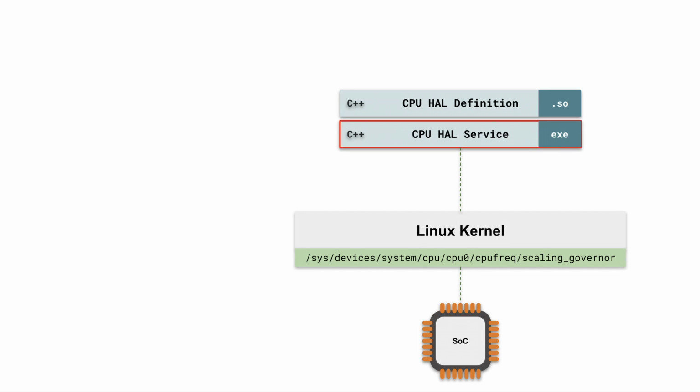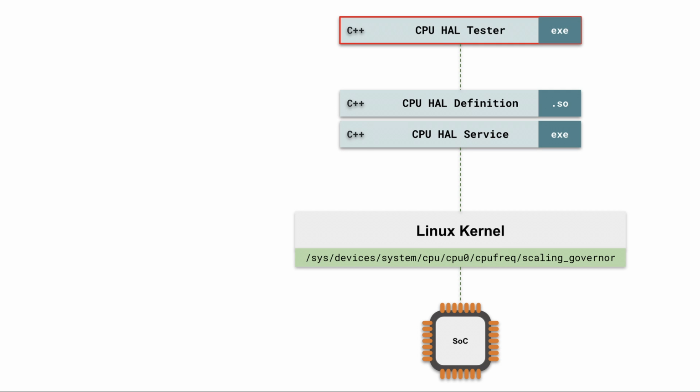Next, we will develop a CPU HAL service that implements the interface defined in the AIDL file. This service will execute code that opens the kernel driver, reads its value, and writes a new value. The service will be configured to launch at startup and will continue running as long as the device is operational.